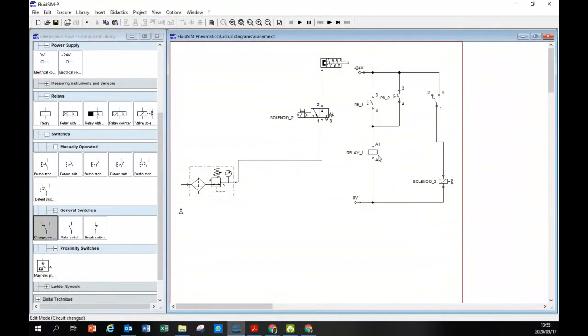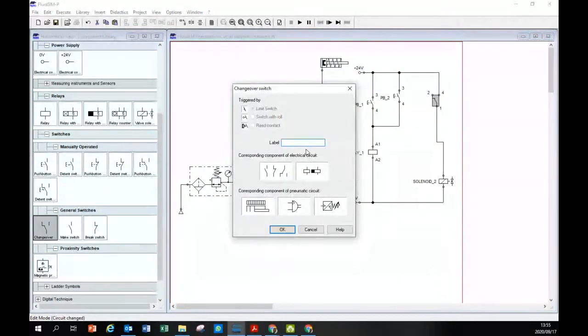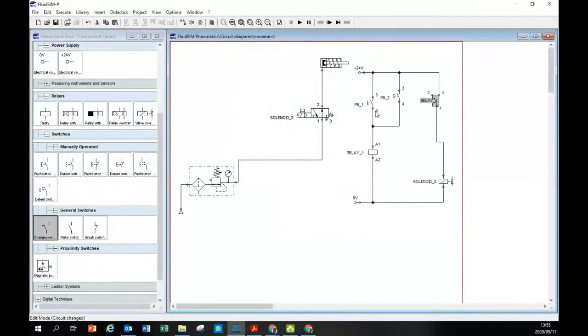So this must match the relay 1. You see, relay 1, relay 1.